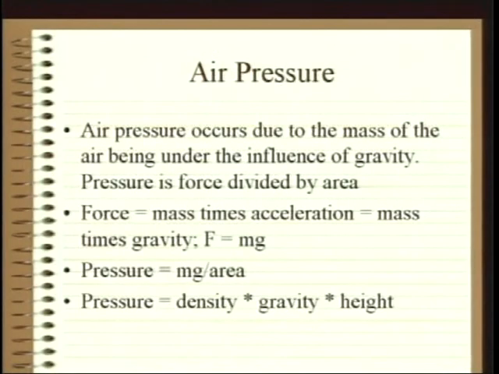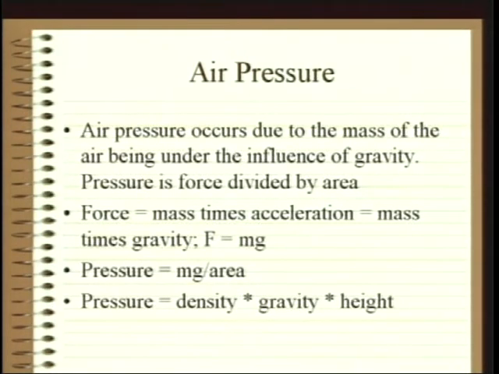Next, we'll look at air pressure. Air pressure occurs due to the mass of the air being under the influence of gravity. Pressure is force divided by the area. Force is the mass times acceleration. That's our Newton. So our force can be written as mass times acceleration, and we can call gravity an acceleration.